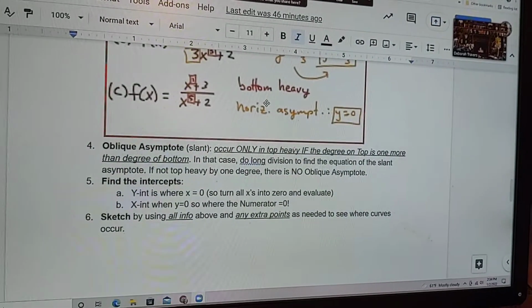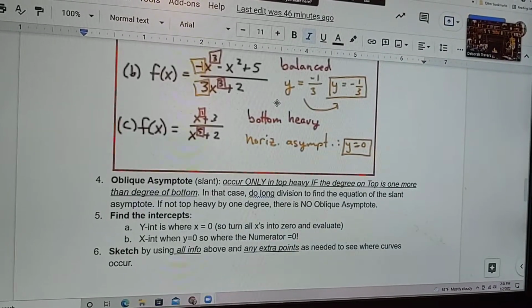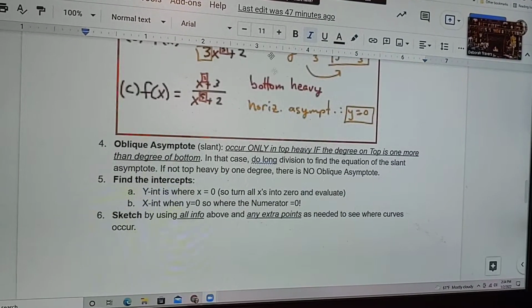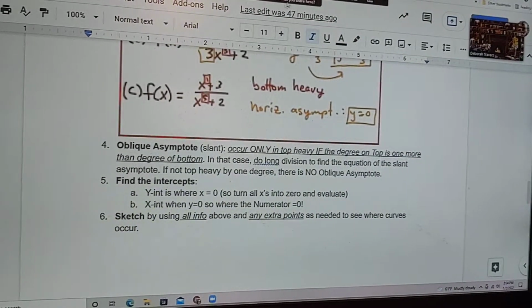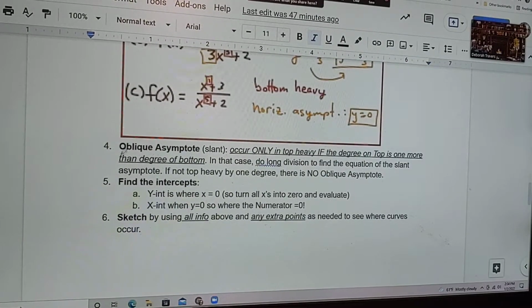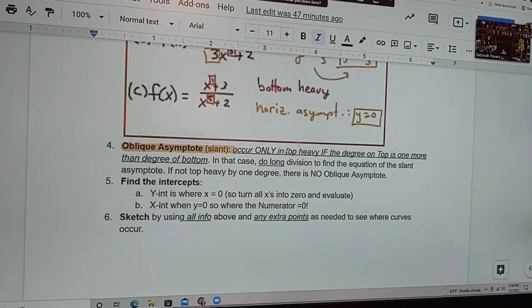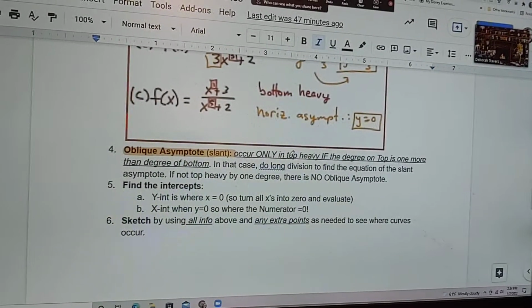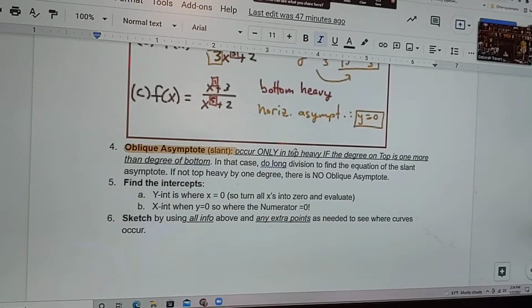Step 4 is highly related to the horizontal asymptote step. I usually kind of do these at the same time. This is an oblique or slant asymptote. And an oblique or slant asymptote only occurs if your function is top heavy by 1 degree more than the bottom.